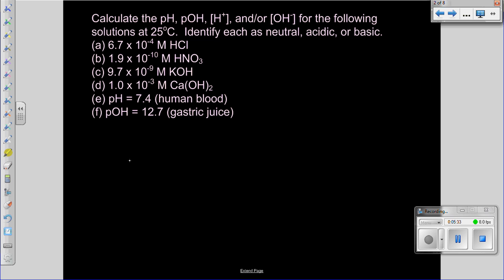From these, we want to calculate pH, pOH, hydrogen ion concentration, or hydroxide ion concentration for these following solutions. And then we want to identify them as neutral, acidic, or basic. So let's start with A.